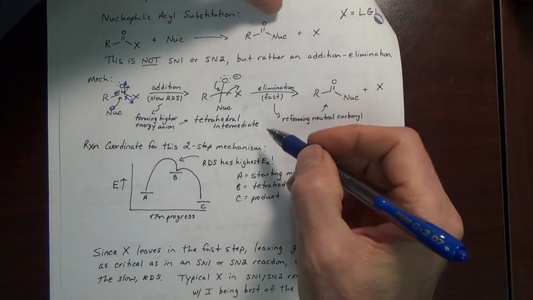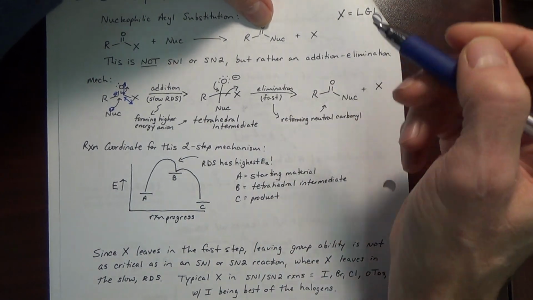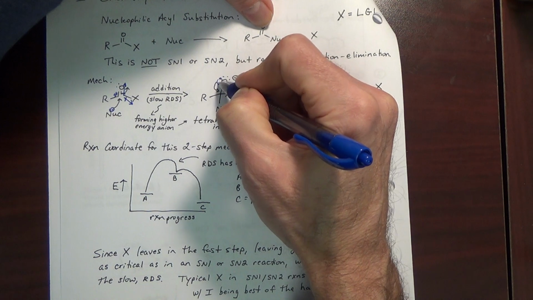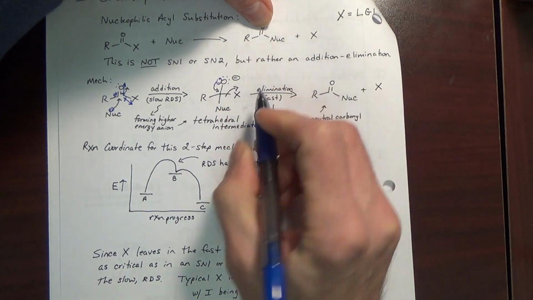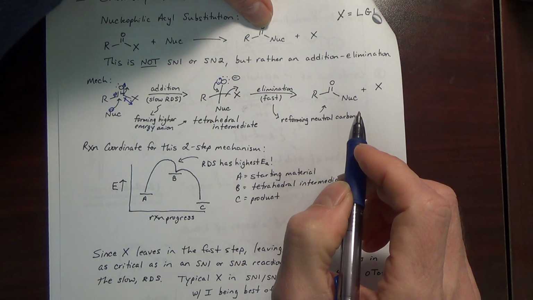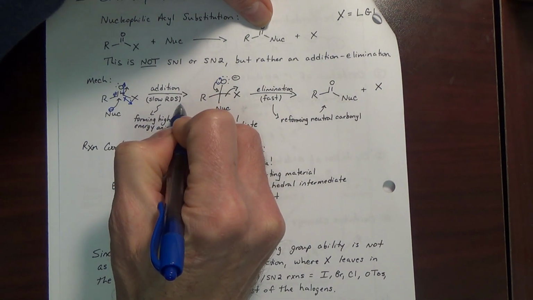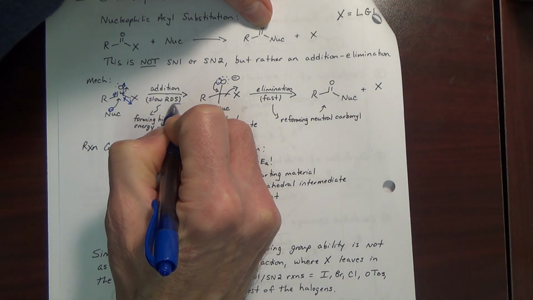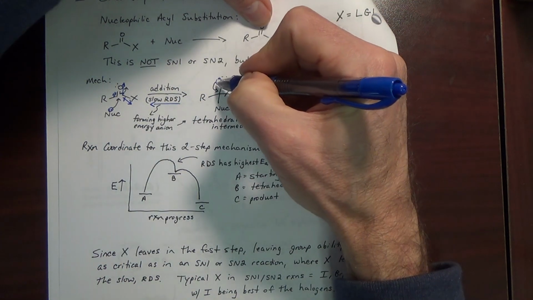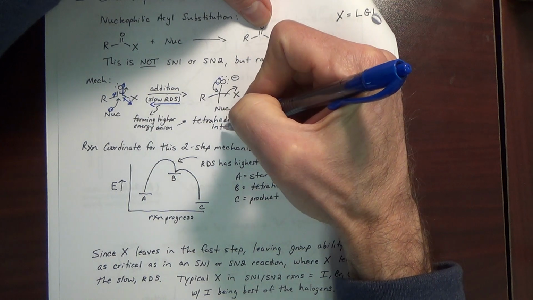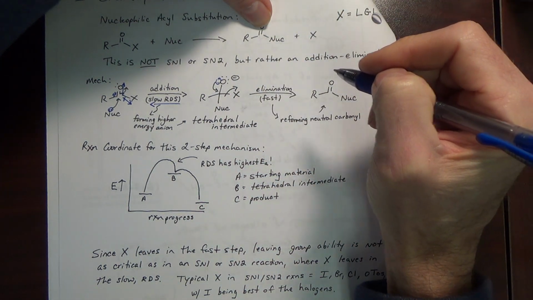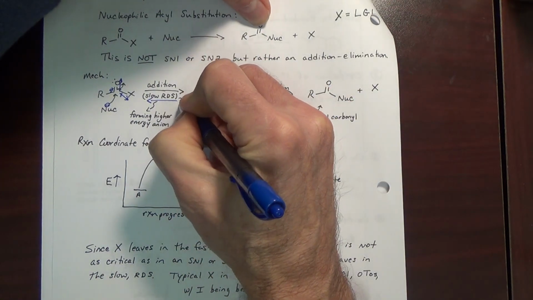All right, from the tetrahedral intermediate, electrons will then come back down and kick off the leaving group. Now we could go back. These electrons could come in and kick off the nucleophile. Sometimes. Is it possible?